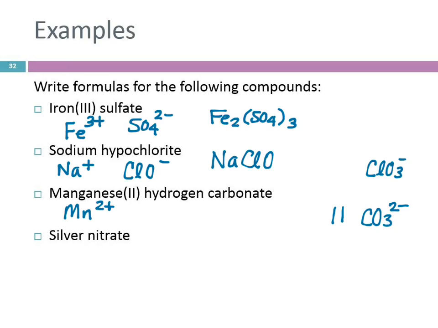Hydrogen ion has what charge? +1, because it's in group 1A. So if I put an H plus with a CO3 2 minus and combine that into one package, I get HCO3, and now the charge is just a -1. So when I put these two ions together, I'm going to end up with Mn(HCO3)2.